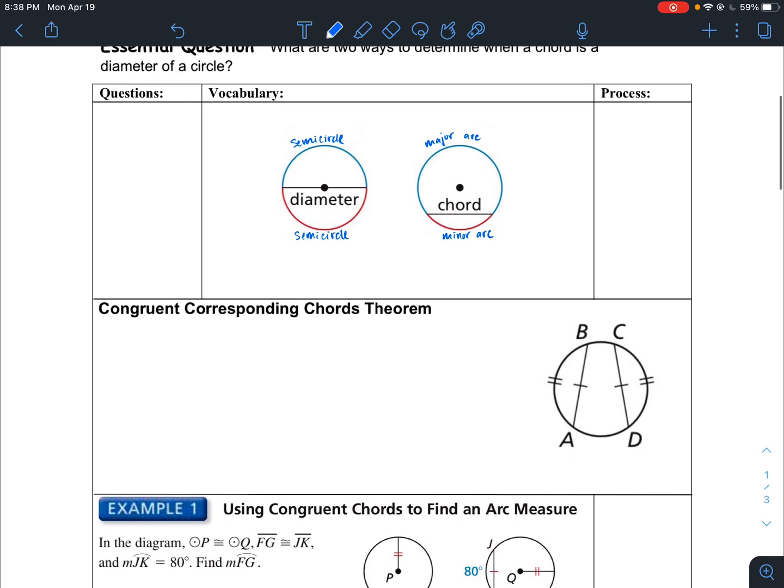Now let's get into this theorem, the congruent corresponding chords theorem.